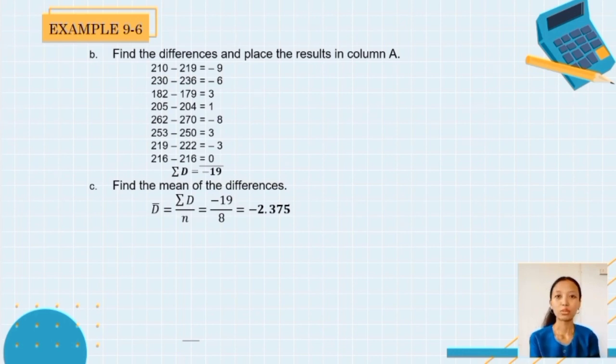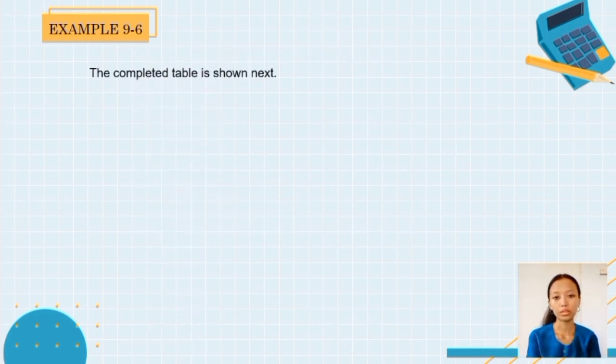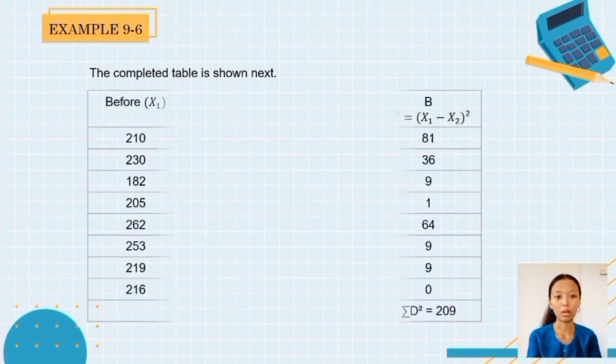And next step is to square the differences. So negative 9 squared is equal to 81, negative 6 squared is equal to 36, 3 squared is equal to 9, and so on. And we are going to add these to come up with the sum of D squared, 209. And now we are just going to input our answers to the table.